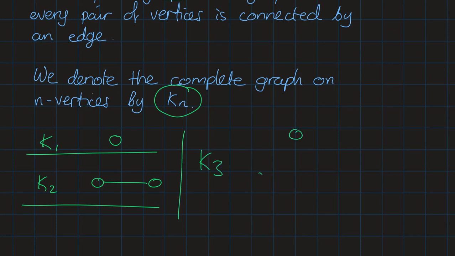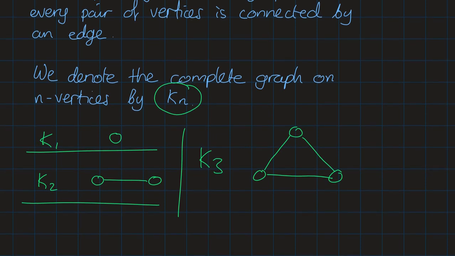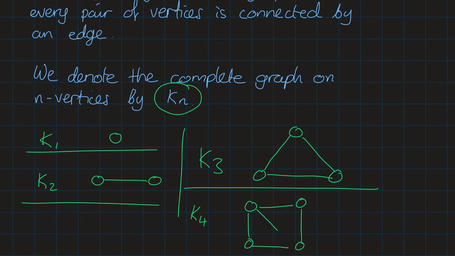I draw three vertices, and between every pair I draw an edge, like that. Okay, easy enough. Lastly, let's do K4. I draw four vertices, and I fit an edge between every single pair. So it's like that. I can't fit any more edges in.